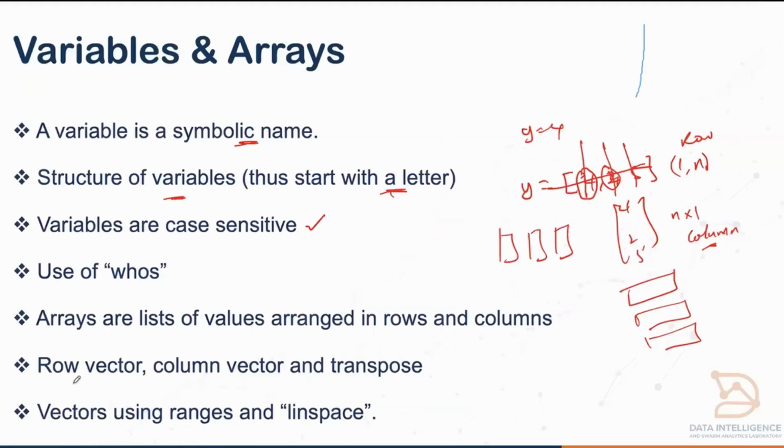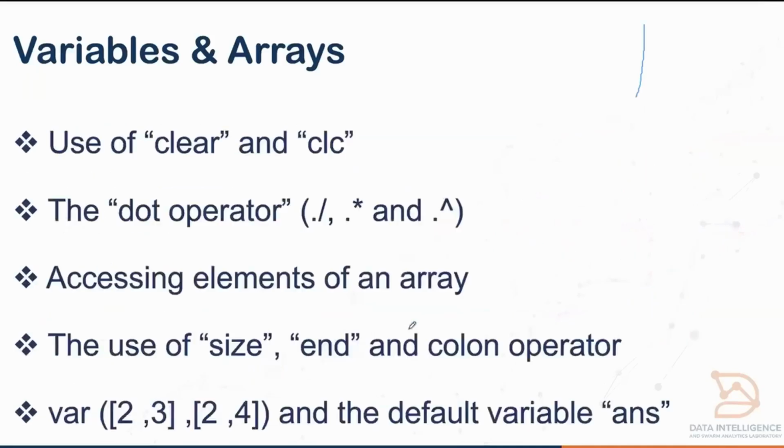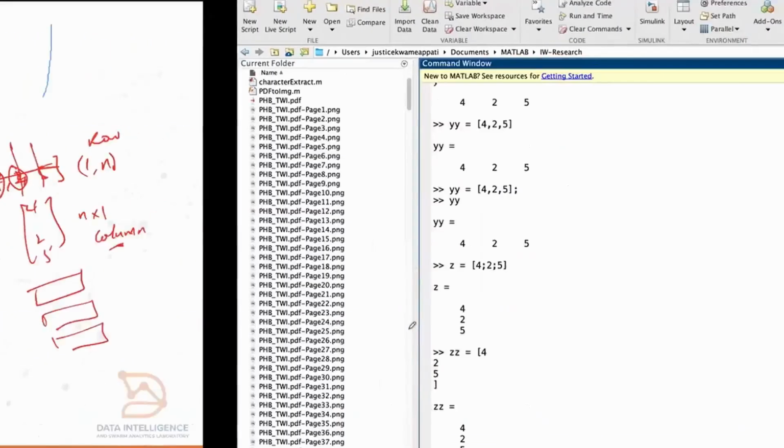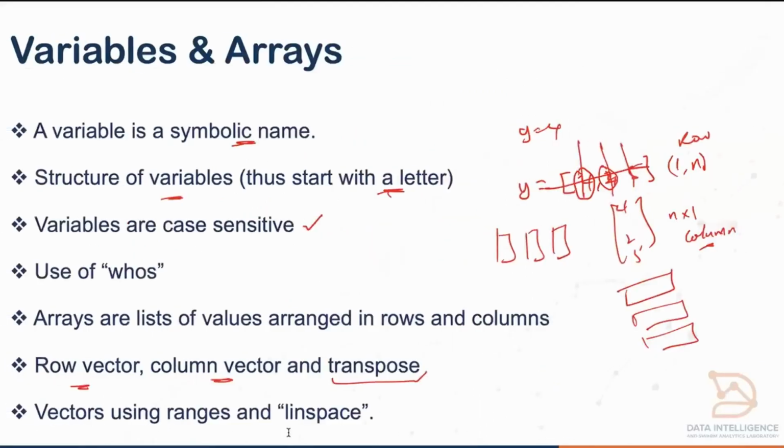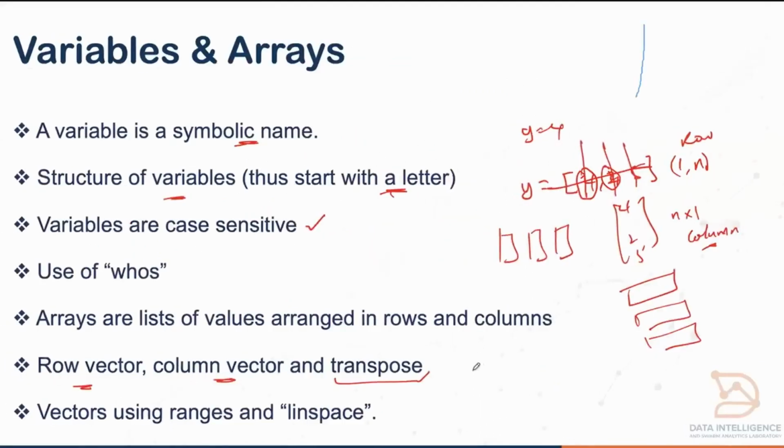So I've taught you a row vector, a column vector, and then the next thing is a transpose. If I transpose ZZ, how do we do that? We use the prime symbol. I'll just say the variable name, then prime, the apostrophe.